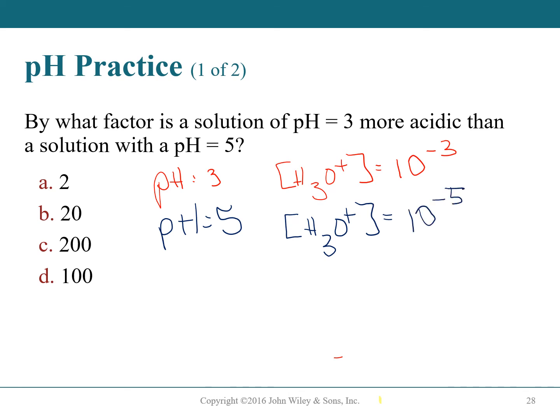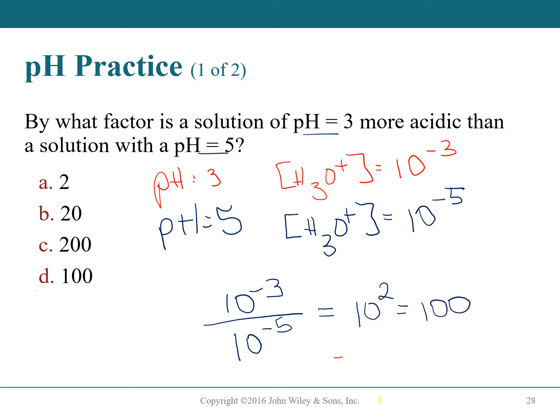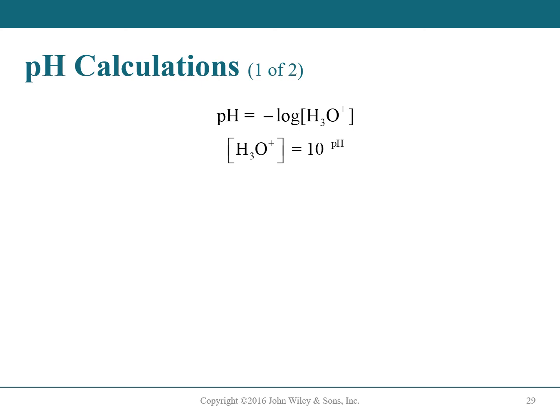So when we ask what factor more acidic the solution is than pH 5, we say 10 to the minus 3 divided by 10 to the minus 5. And what does that give us? That gives us 10 to the 2, or 100. So it's 100 times more acidic than a solution of pH equal to 5.